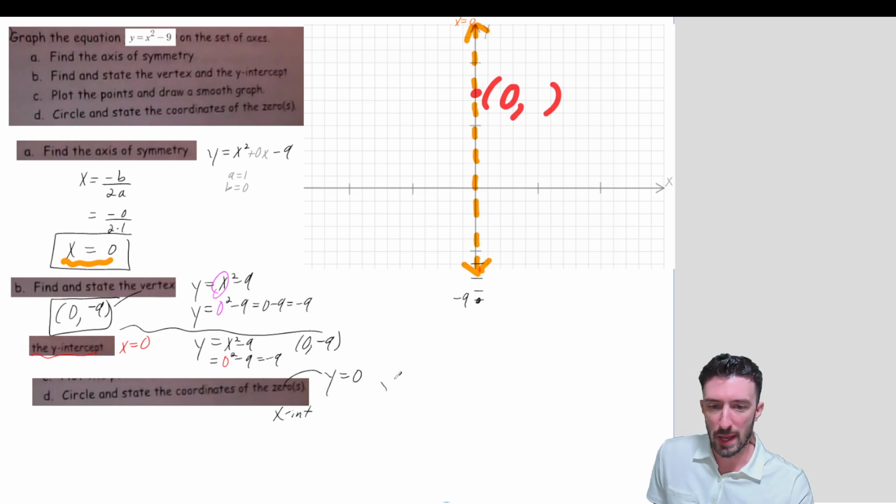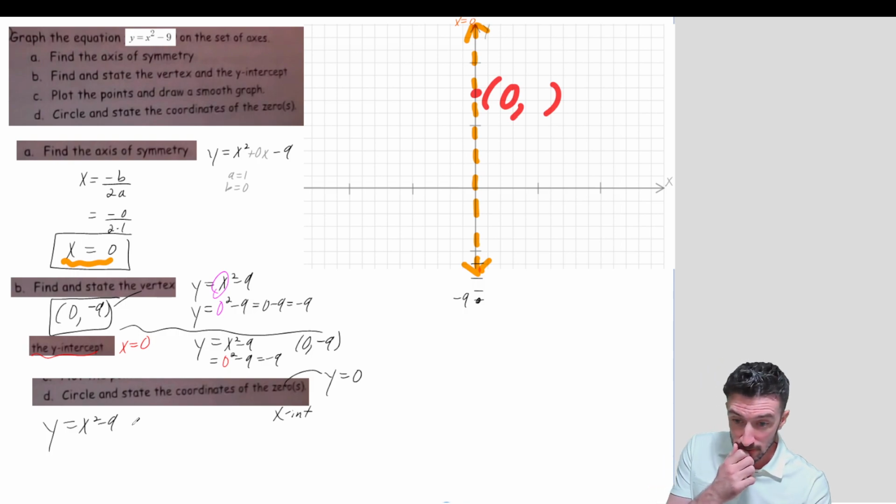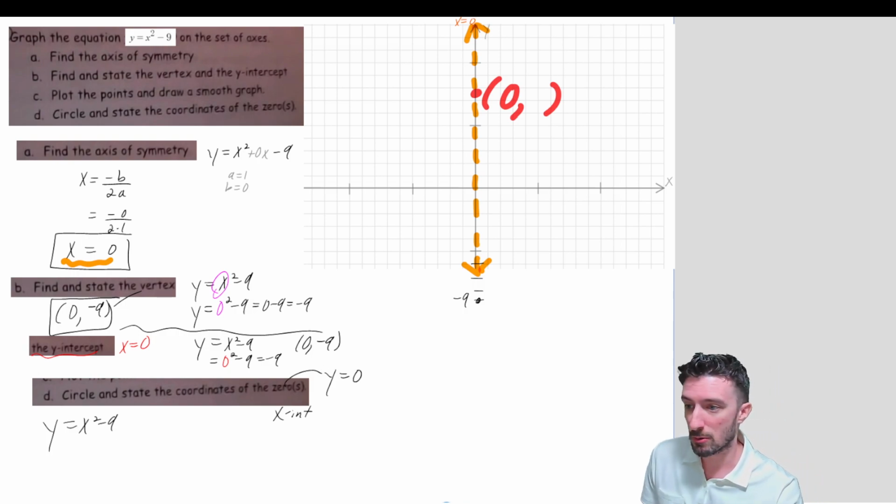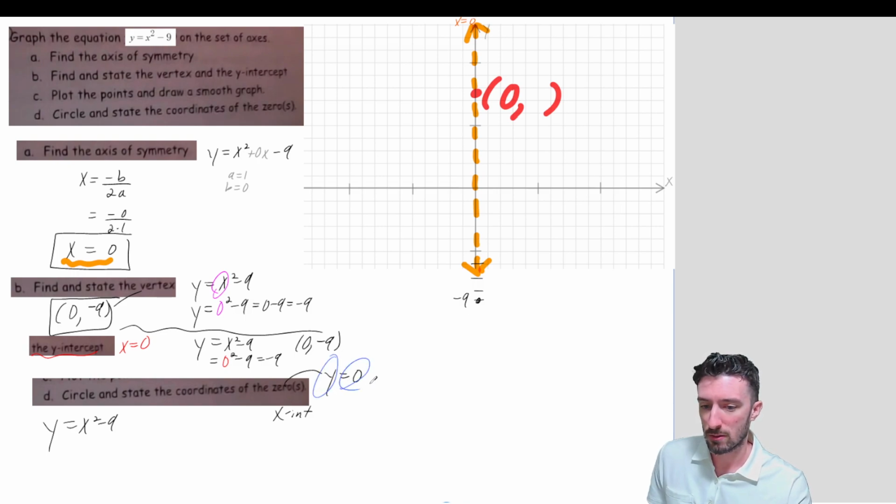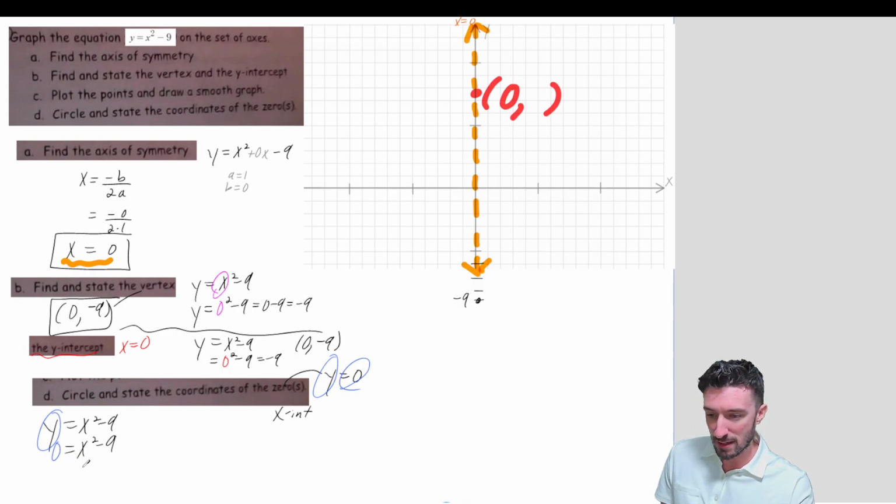But now let's go back to the original equation: y equals x squared minus 9. And let's plug in 0 for y. So right over here, we put our 0. And now it's 0 equals x squared minus 9. And that means I just have to add 9 to both sides.